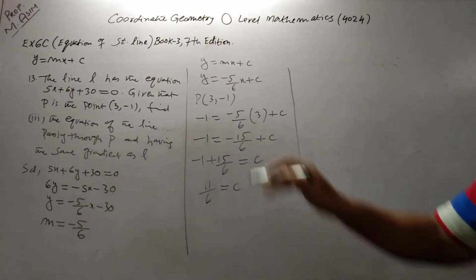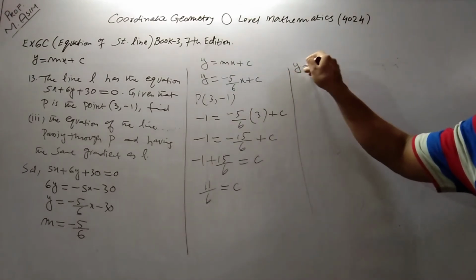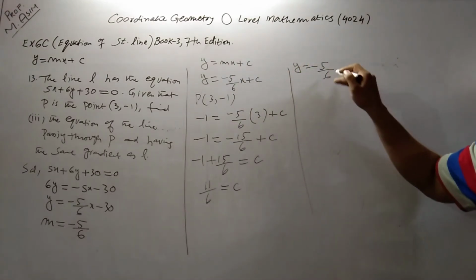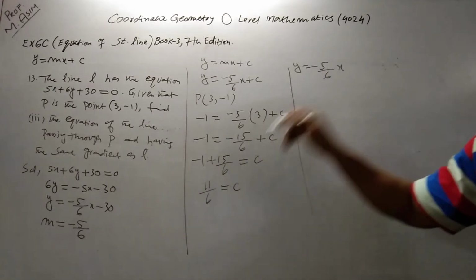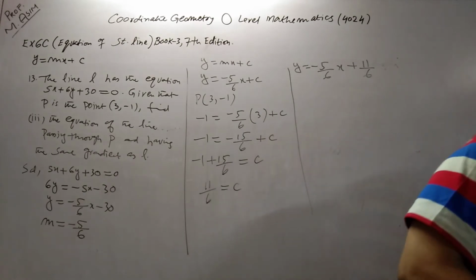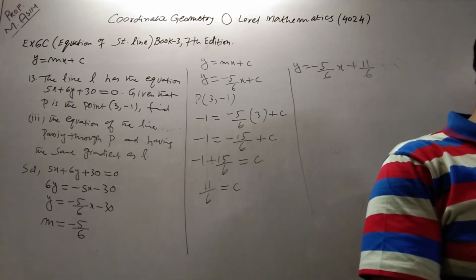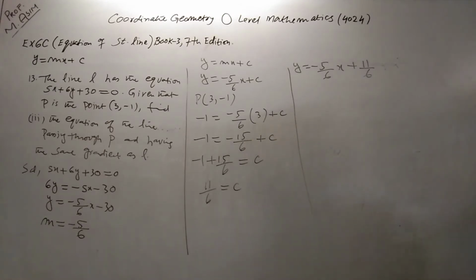Now put this value of c in this equation. Y is equal to minus 5 over 6 x plus c. Wait student, something is wrong.